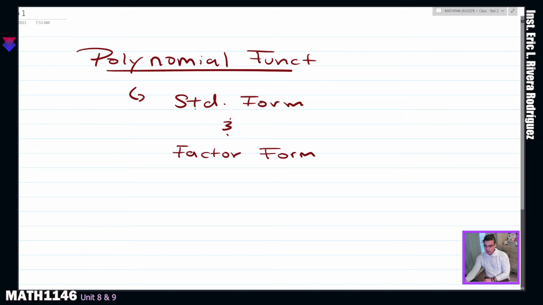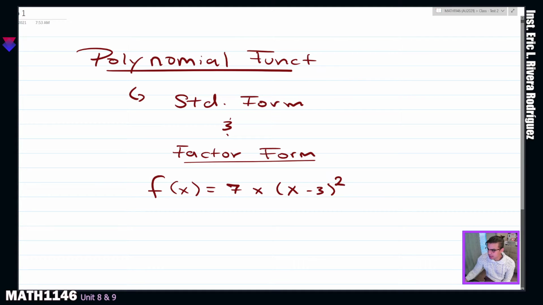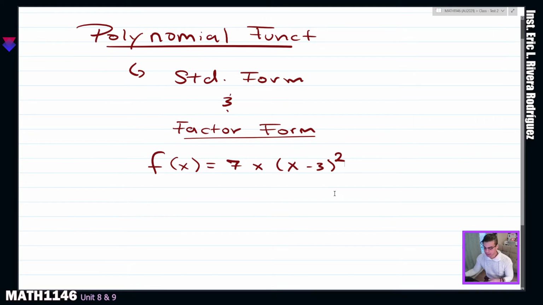So yeah, if you have the standard form and your goal is to find the zeros, remember that putting the polynomial in the factor form will help you to identify the zeros. So the example that we just saw, f of x equals 7x times (x minus 3) squared. This time, I'm putting the exponent too, because now I can put the exponent there.